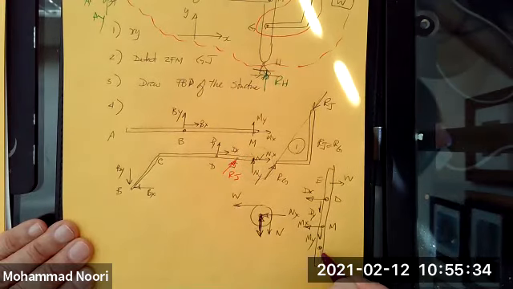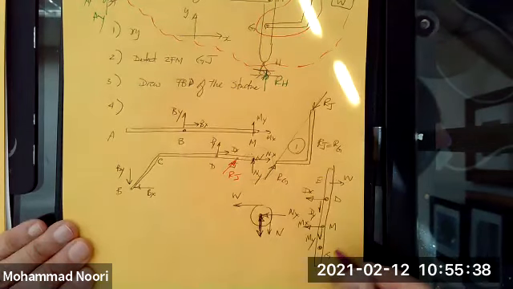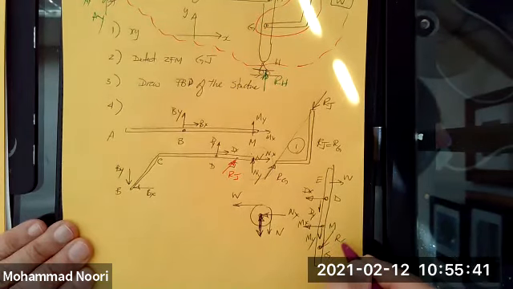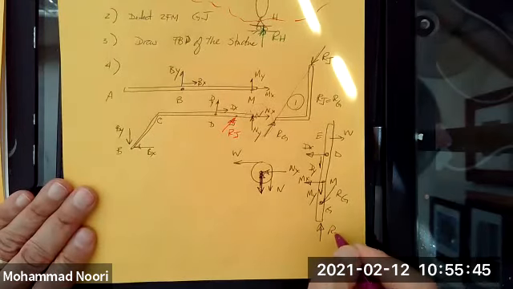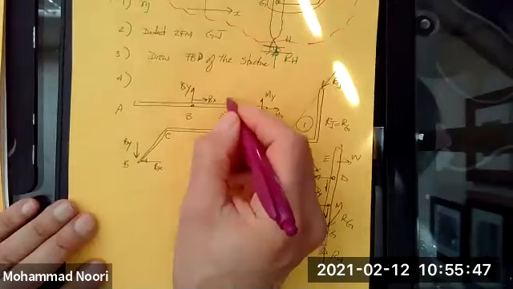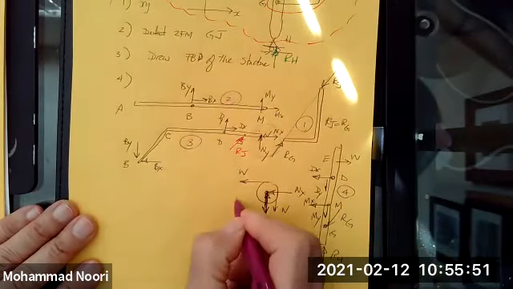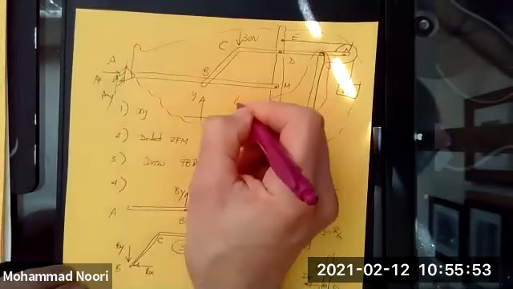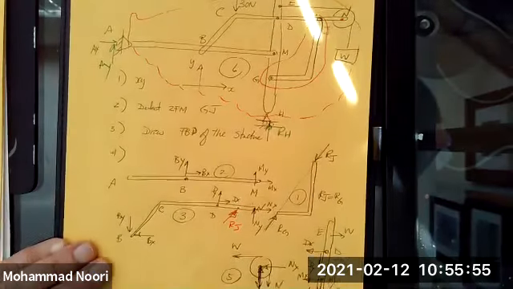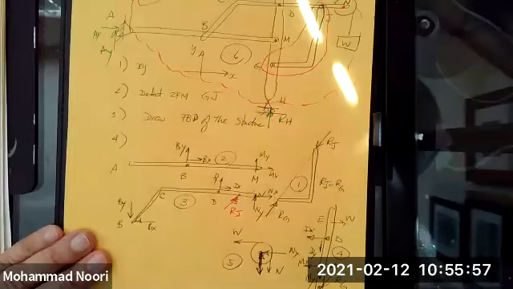How about at this G? This is the assumed direction, so this would be the assumed direction here. And at H, this is RH. So I have 1, 2, 3, 4, 5, and 6 free body diagrams here.